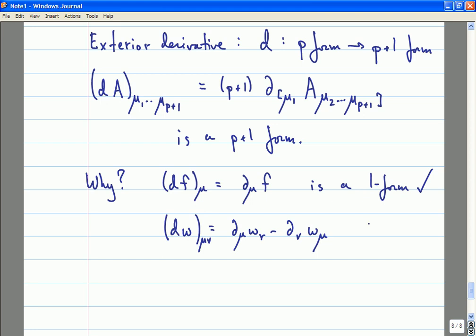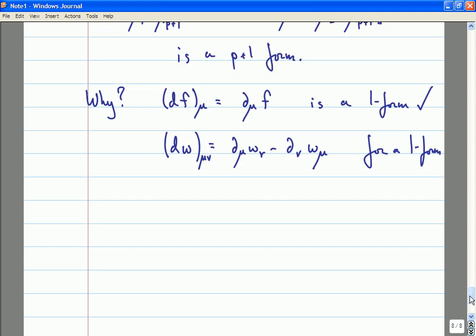So that's the expression of the derivative of a one form. So let's see how this looks in a different coordinate system. So in a primed coordinate system, what does this look like? Well, this is d mu prime omega nu prime minus d nu prime omega mu prime. So let's write that out.